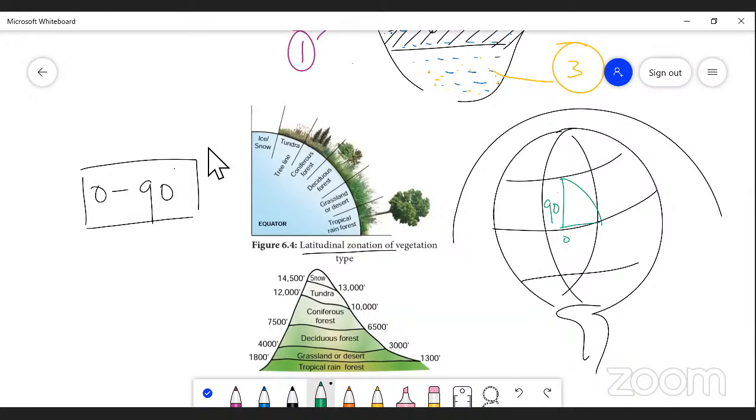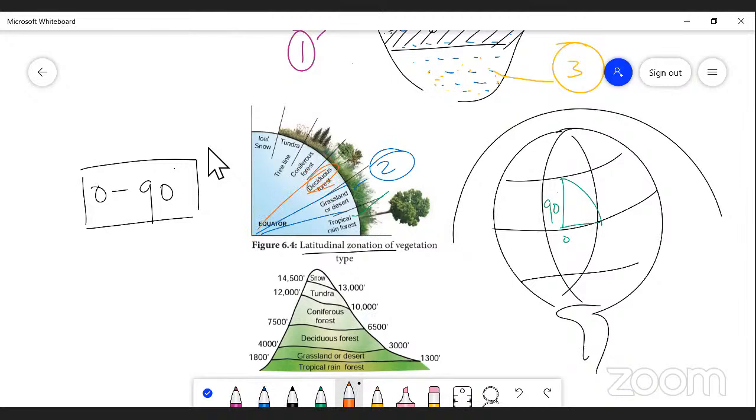So when we take 0 to 90 degree by an angle, in between we can find a tropical rainforest, and the second category is grassland or desert vegetation, which you can see in the second zone, right? In the third zone, you can find the vegetation of deciduous forest.